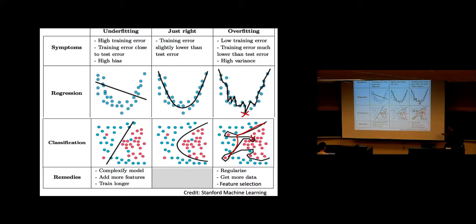You can also just add more training data, or remove those less relevant features. They are all very effective strategies to conquer overfitting.